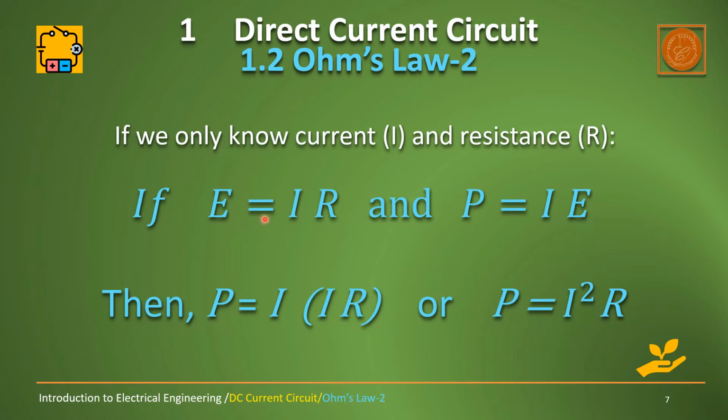We know E equals current times resistance, meaning E equals I times R. And P, the power, is equal to I times E. Since P equals I times E, we replace the E with I times R. You see, this is I, this I, and E equals I times R. So we get I times I, which is I squared, and this is R. So P equals I squared times R.